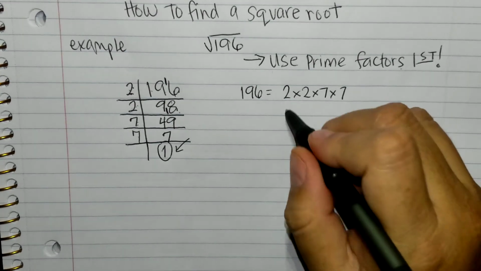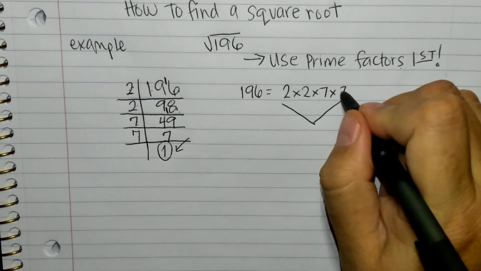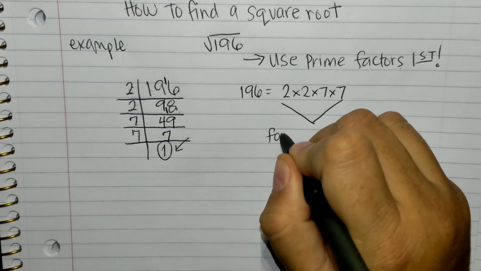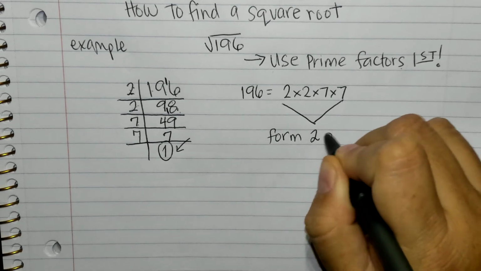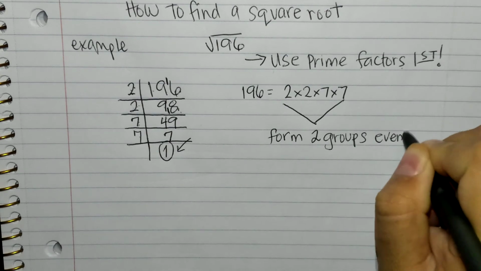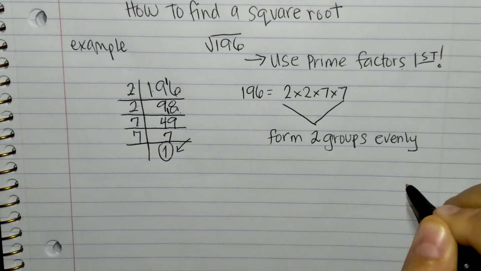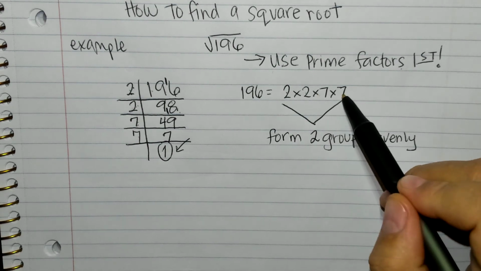But now what I want to do is I want to take these numbers and I want to form two groups evenly. Okay, so I have 4 numbers here.